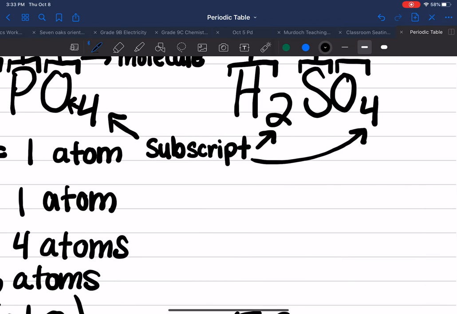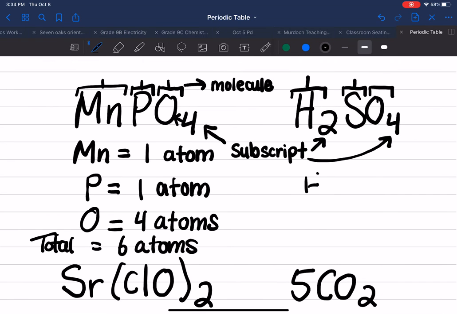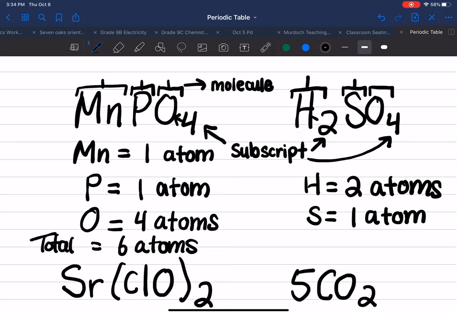So when we write that out, H equals 2 atoms, because again, that subscript is associated just to the H. It's right beside it, saying that there are 2 H's in this molecule. Now, if we look at S, write down the individual element, and how many atoms does it have? It's just 1, because there is no number beside it. It's just 1 atom. And now we write oxygen.